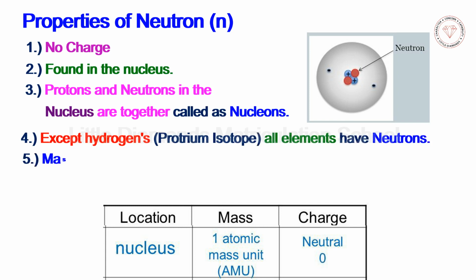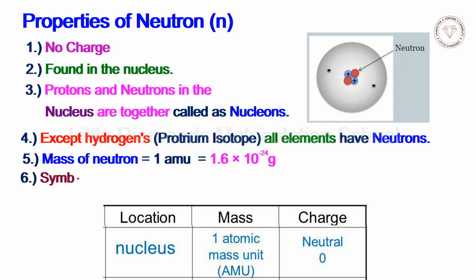The mass of a neutron is equal to 1 atomic mass unit, that is equal to 1.6 × 10^-24 grams. So we see that the mass of a proton is equal to the mass of a neutron. The symbol for neutron is 0n1.